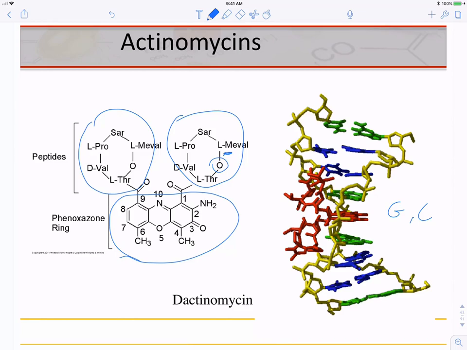of threonine. And so what happens is that the pentapeptides help anchoring the antibiotic to the DNA and increase activity. So the inhibition of topoisomerase 2 occurs by stabilizing the enzyme DNA complex. And so we can see this strand breakage.